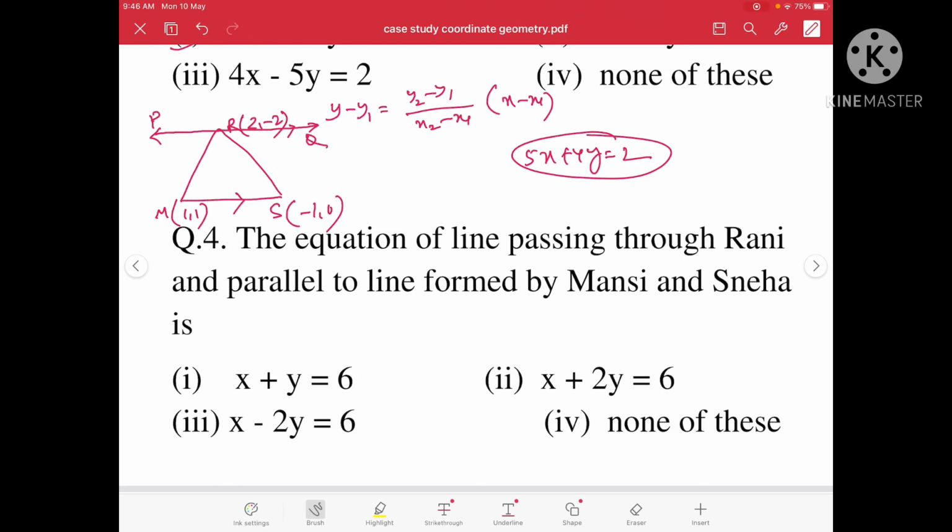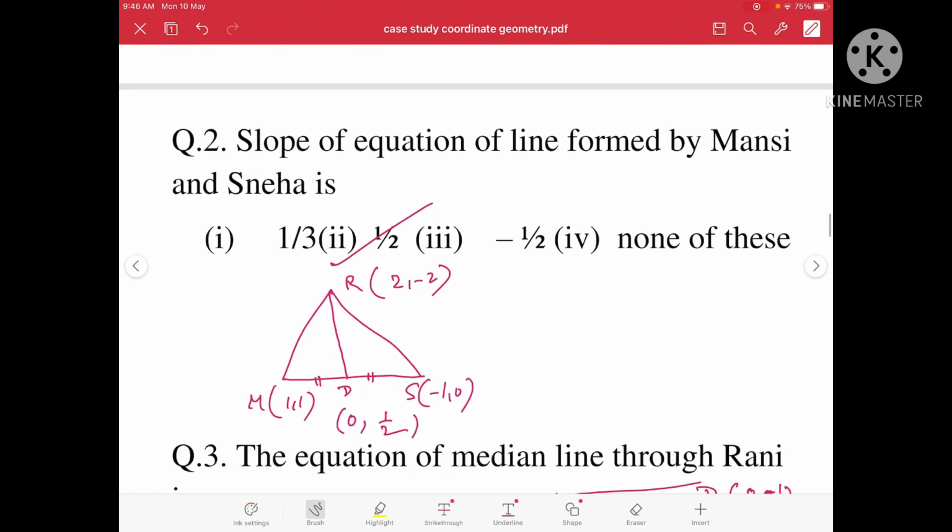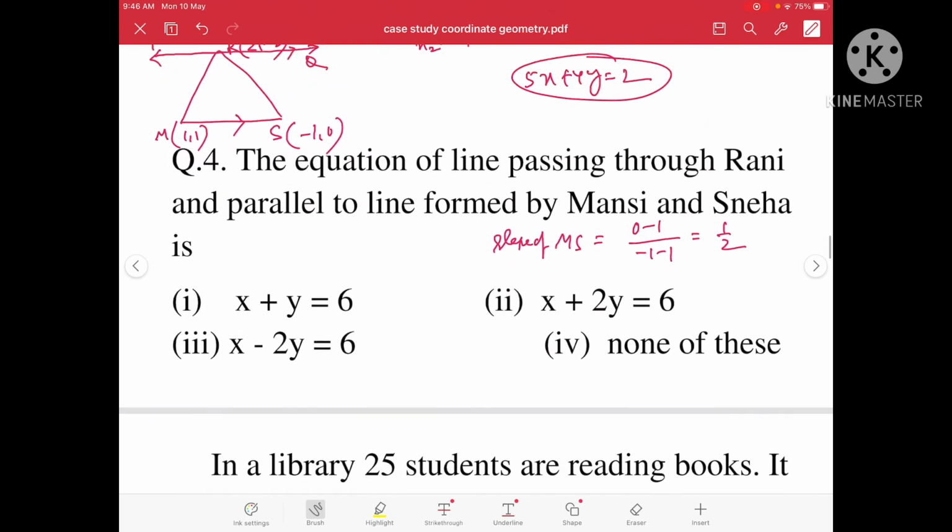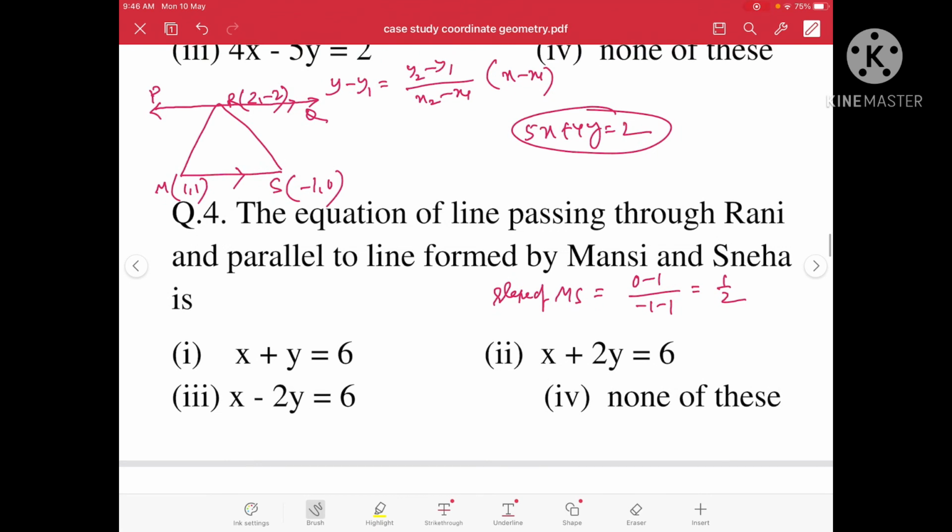Since MS is parallel to PQ, and we know two lines are parallel if their slopes are equal. The slope of MS is (y2 minus y1) by (x2 minus x1), which means 1 by 2. We already found this in question number 2, so you can use that here or find it directly. Now the slope of PQ is also 1 by 2, since PQ is parallel to MS. We need to find the equation of PQ.